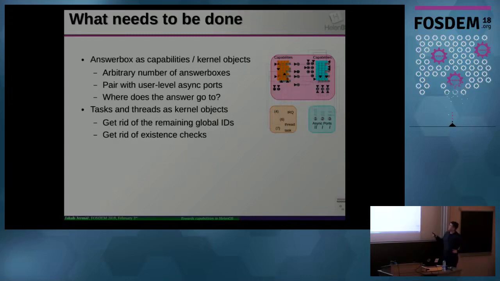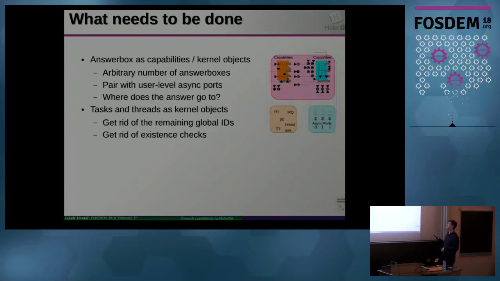So there will be some correspondence between the C library async ports and the actual answerboxes. There will be a new capability type for them. If we do that, we could actually get rid of the phone objects altogether, because now they will become somewhat redundant.